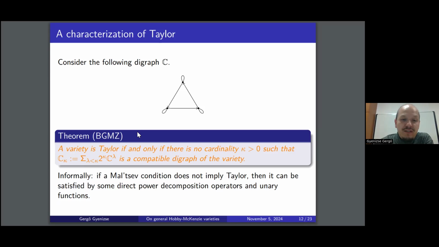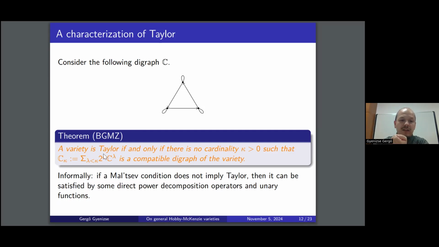That was a theorem that we proved: if a variety is not Taylor, then we can take this graph C, and from this we can derive a new graph C kappa for a cardinality kappa, that will be compatible with that variety.